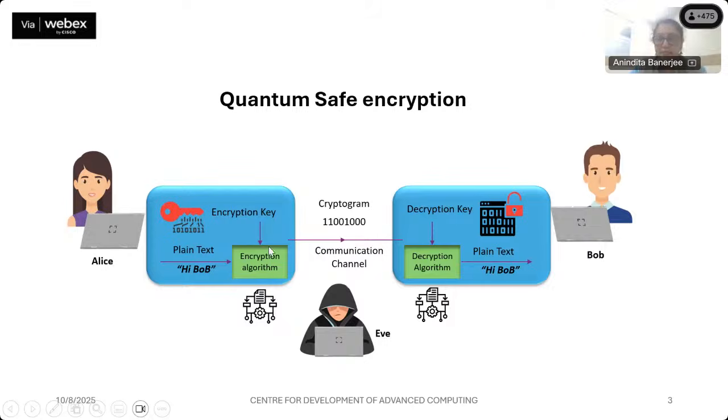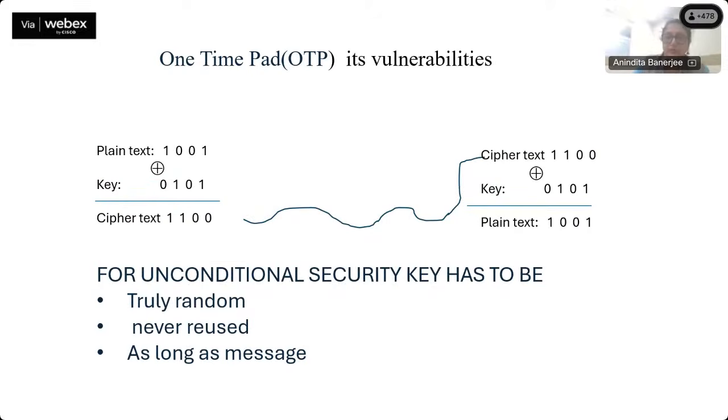So the entire secrecy of the communication system lies in the encryption and decryption keys. I had told you about the information theoretic security model, right? The one-time pad is an encryption algorithm which is information theoretic secure, provided it uses random enough numbers. They should not be reused, and the numbers are as long as the message.